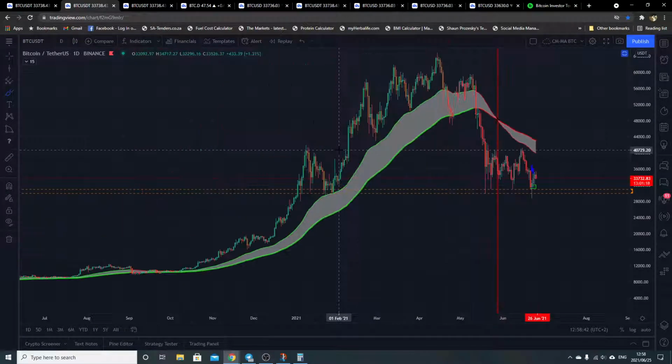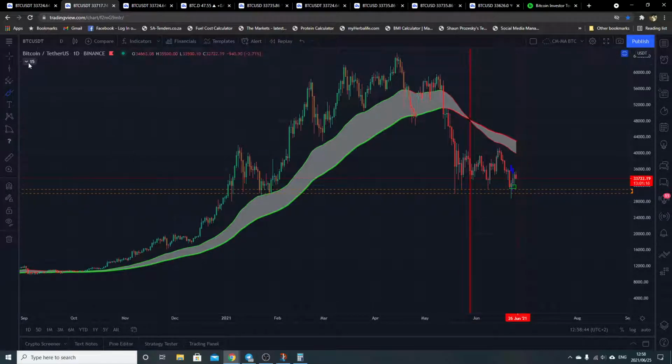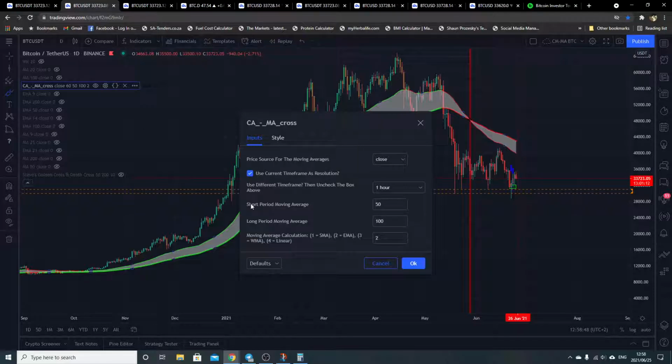Here you go on the daily chart. We've got a cross. Now what this is, is a short moving average and a long period average. The short period moving average is a 50, and the long period moving average is the 100.